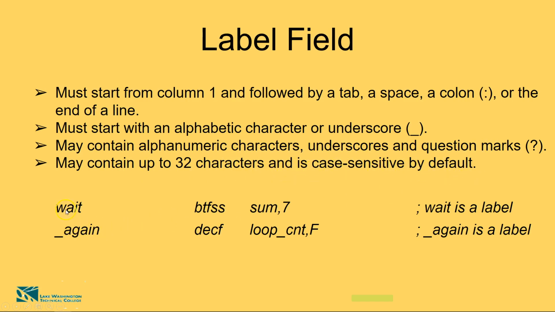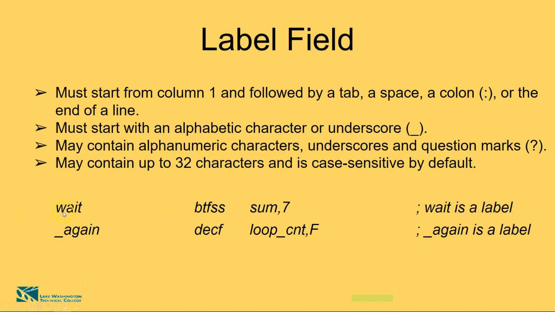So when you use the label, the same characters, the way you represent in your label, you will be using throughout your program. You cannot change that. For example, if you're using the small letter w in wait, then this should be represented the same way throughout the program.